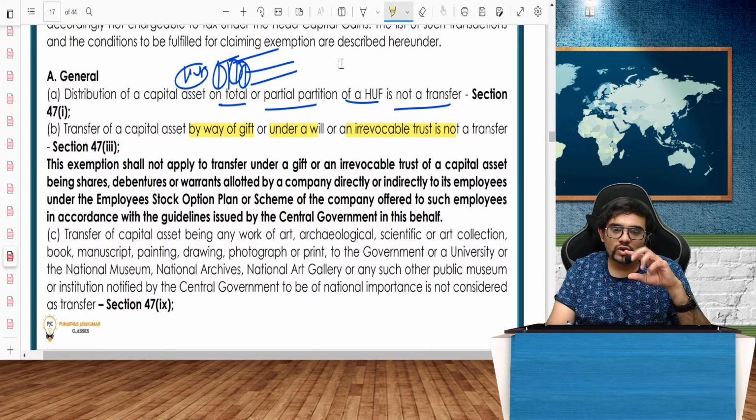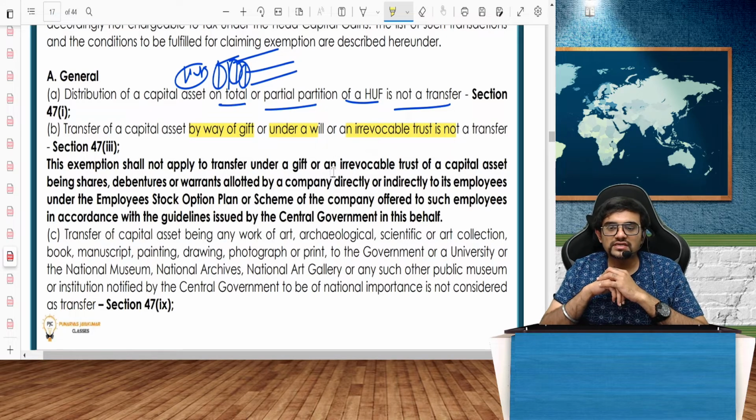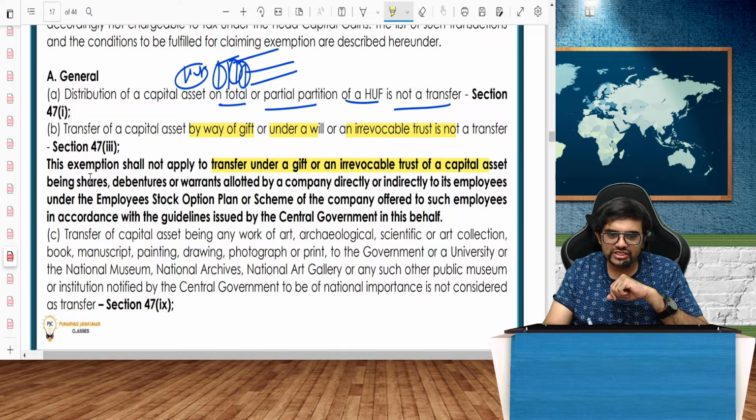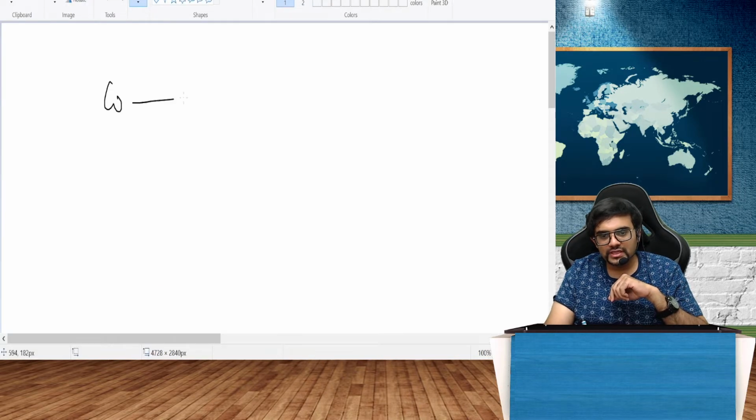But what about transfer under a gift? If it is ESOP, is it a transfer or not? Unfortunately, it says shares allotted by a company directly to its employees under ESOP. So what they are trying to tell is, the company gives an employee stock option plan to an employee. The employee gifts it to his wife.